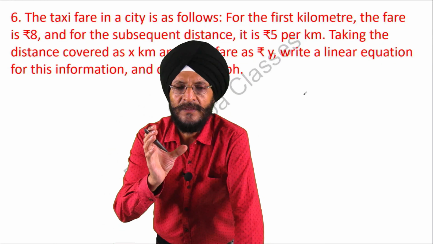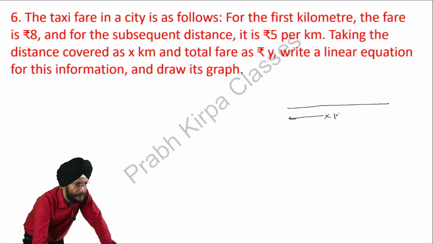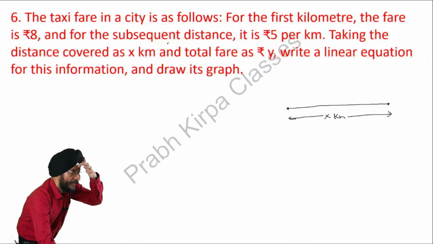We will understand this question with the help of a picture. Let us see what happens. Suppose this is the total distance from here to here. It is x kilometer. Okay. This point to this point, it is x kilometer. Now what is next given? Fare for first kilometer, it is rupees 8.